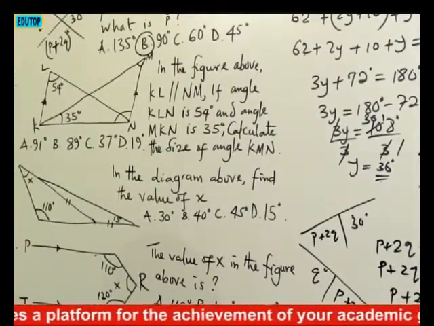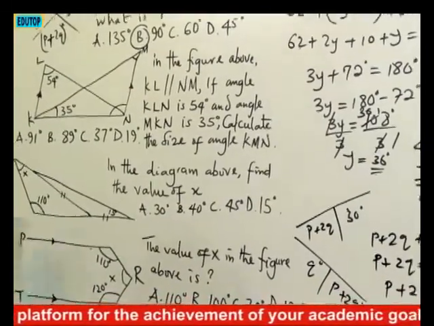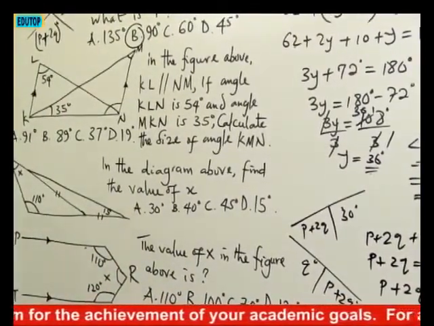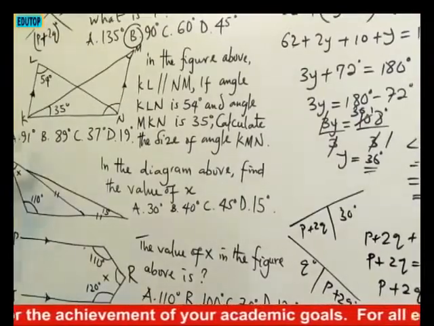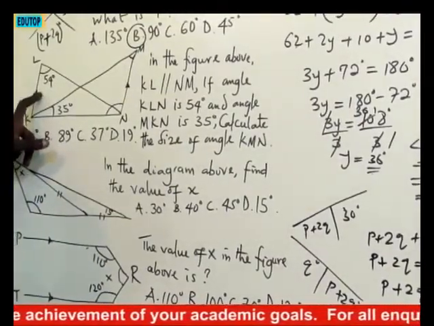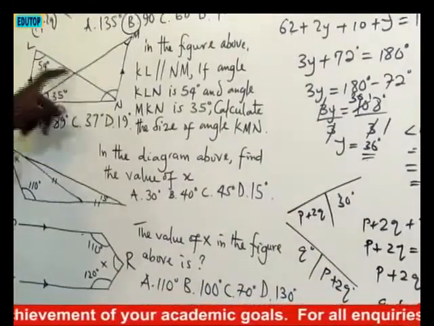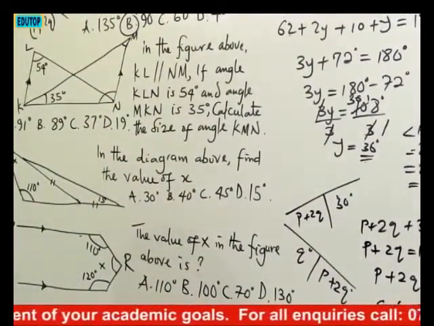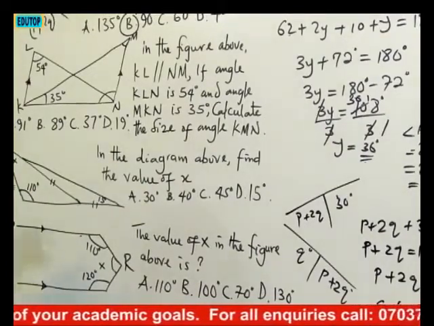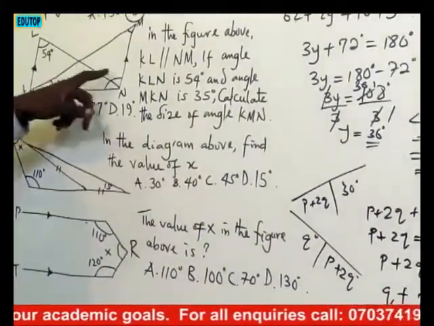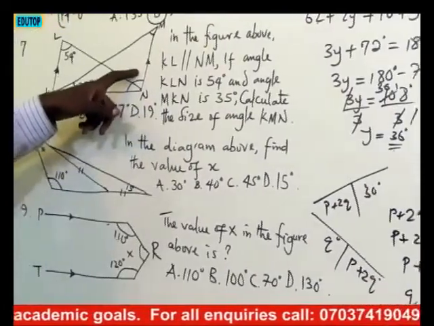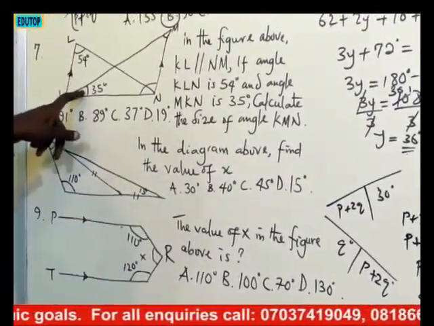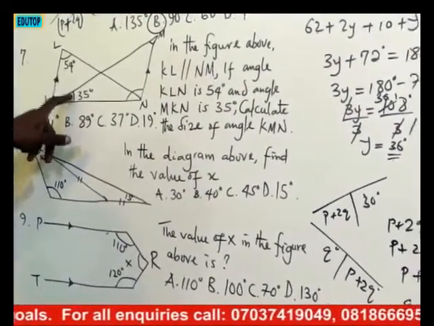So the first thing we need to ask ourselves, what is the first information that we've been able to extrapolate from here? If you look at this very well, you will discover that this is alternate to this. It's alternate to that. So automatically, what it means is that this place will definitely be what? 54 degrees. And this place is 35 degrees.